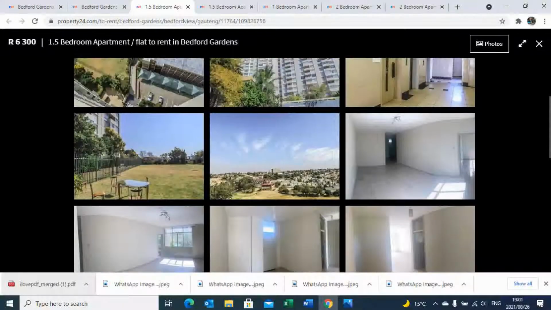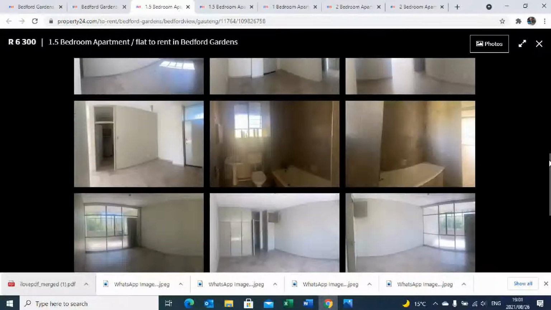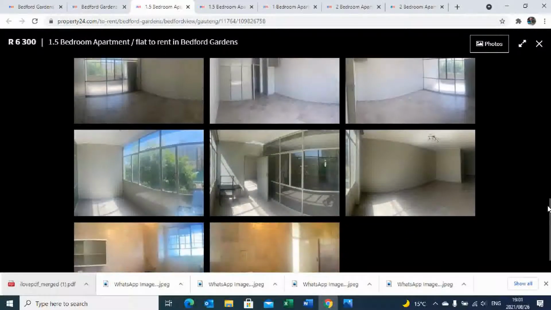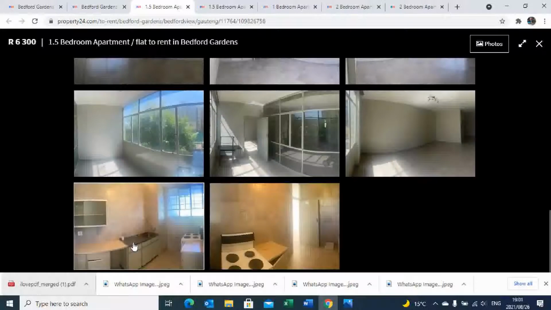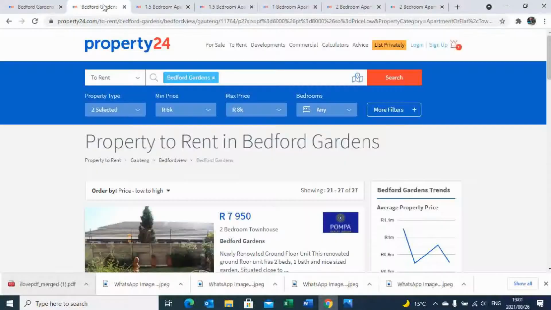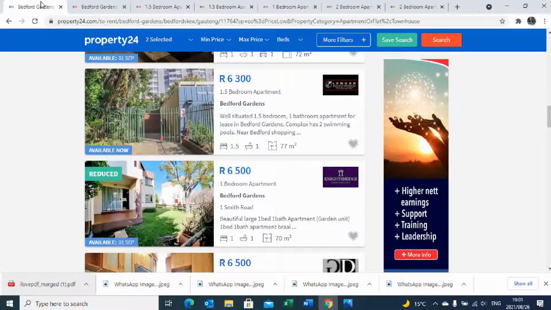We know that this is the same complex. It's a 1.5 bedroom. Can you see this is the half bedroom, so we have an idea. The kitchen is not as done up as our property. So that's the first one.